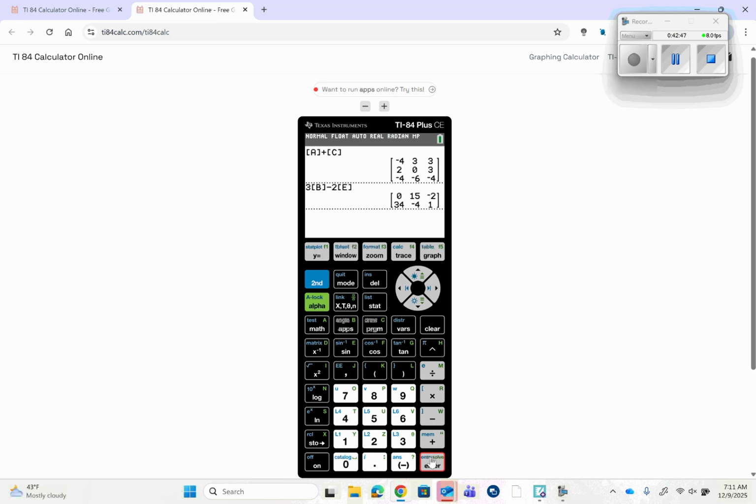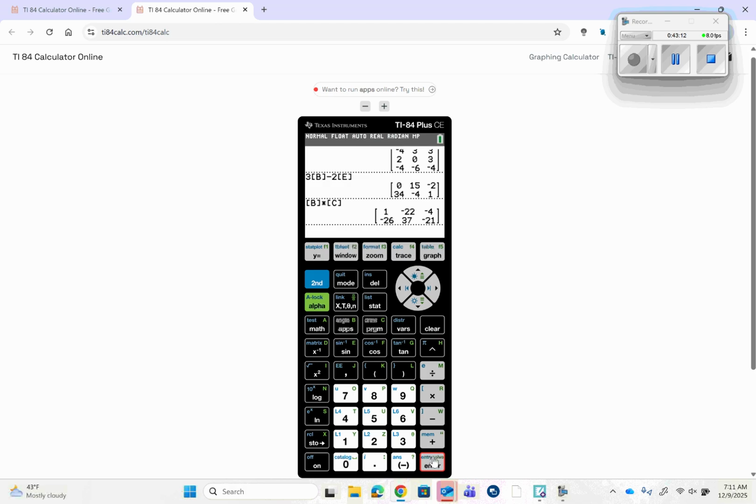Number 64, we want J times M. So we are going to go second matrix. J is our second matrix times M, which is our third matrix. Multiply those together. And there's your answer.